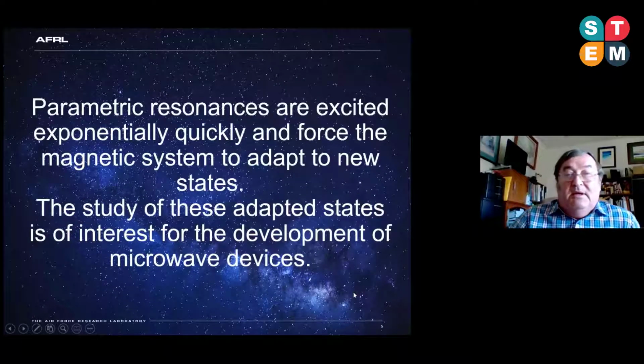And parametric resonances are excited exponentially quickly, not like ferromagnetic resonance, which excites the amplitude linearly, and they force the magnetic system to adapt to new states. The study of these adapted states is of interest for the development of microwave devices.